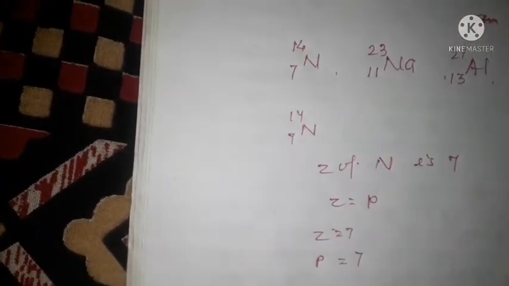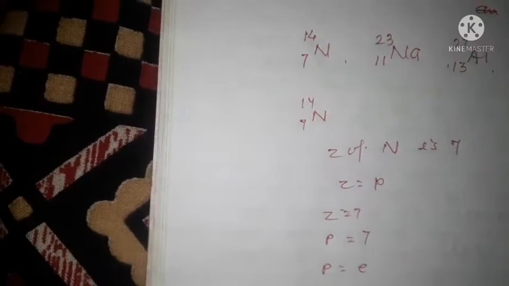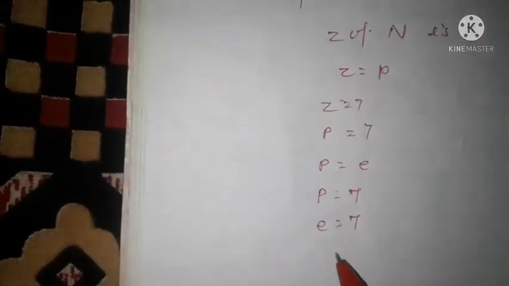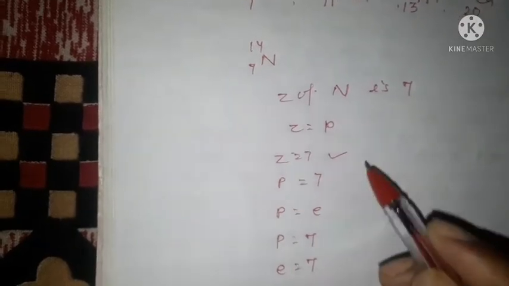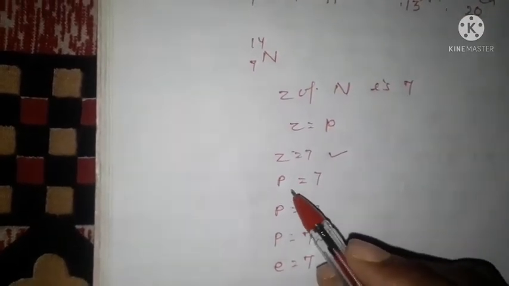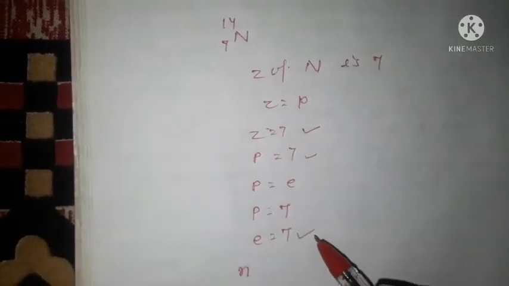The number of protons is equal to the number of electrons, so if protons are 7, then electrons are also 7.